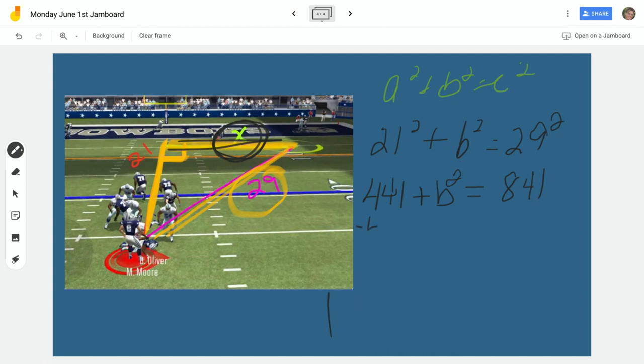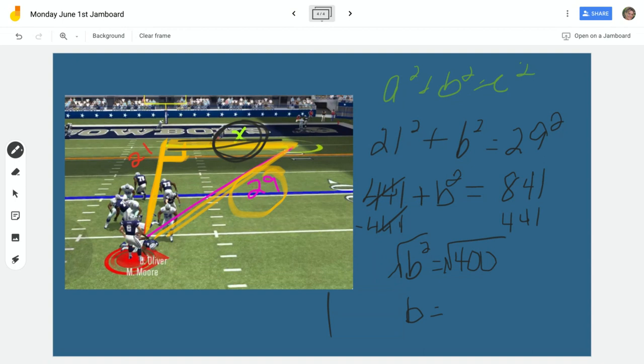So therefore, I'm going to have to subtract 441 from both sides. So that leaves me with my b squared alone. And when I do that, I end up with b squared equaling 400. Now, again, that's not 400 meters he has to run or 400 yards, so we need to make sure that we understand that we are taking the square root of both of these numbers so I can solve for just my b.